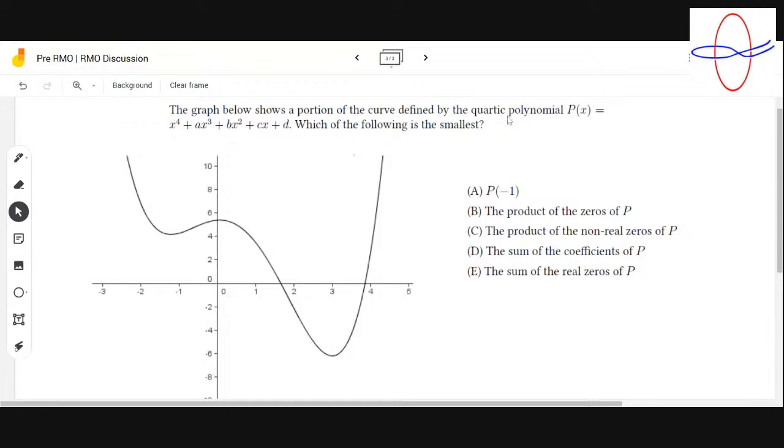P of -1 equal to 4. Why is it 4? Tell me. Why is P of -1 4? I don't think P of -1 is 4. P of -1 is less than 0.